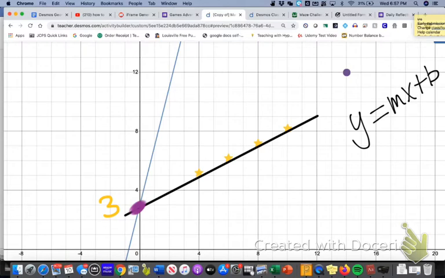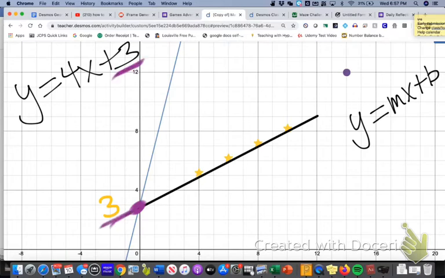Because remember, the original equation of the line, which you can't see because, of course, I zoomed in, is y equals 4x plus 3. It's what we have there in the box right now. So the y-intercept is good. We don't need to change that, but we obviously need to change the slope. We need to figure out a way to get it rotated so it's more down here instead. So I'm going to pick a couple of the stars.